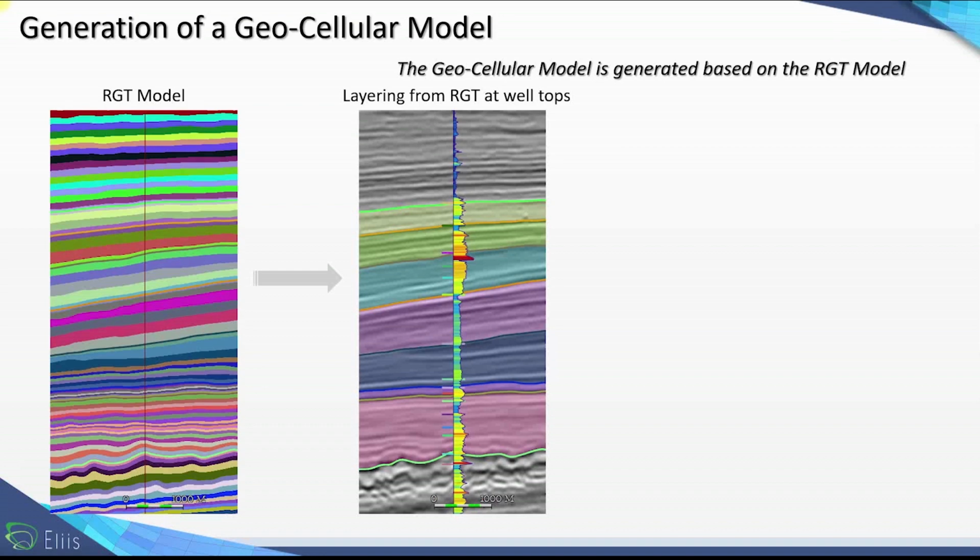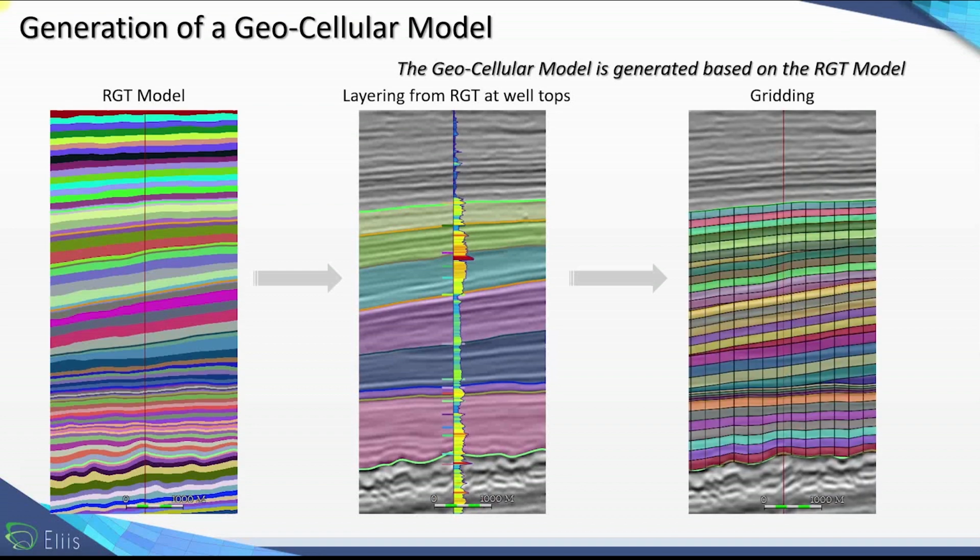So if you've got some well data, including some top data, as is the case in this central image, you can create on this sequence stratigraphy tool the layers that you want to build based on the position of the well tops. So this is the example that we've used here. The geometry of each boundary would be made according to the geometry of the RGT model.